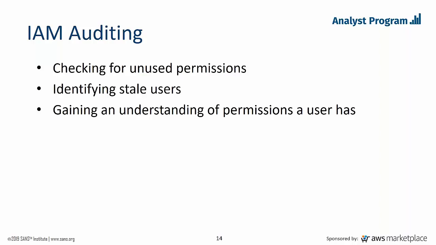There was a report that came out that showed of 100 users that were evaluated, about 7% of them were inactive, and a couple of them were administrators. So this will help us wean out stale users and also accomplish a better user lifecycle management practice.